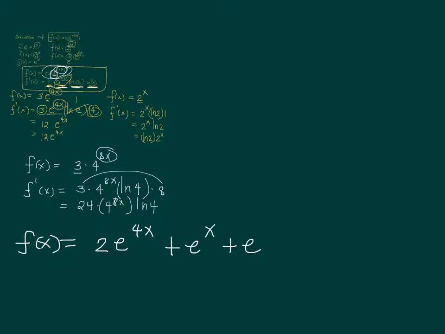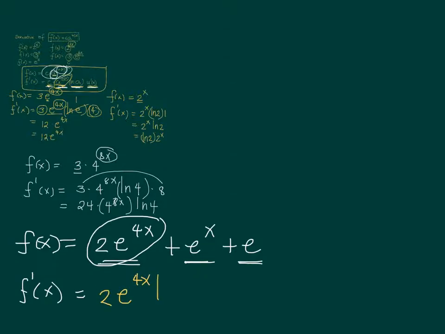Now, there is a rule that if you have a function which is composed of about 2 or 3 terms, to get the derivative, you simply get the derivative of each term. So first, we work on 2e to the 4x. So that's 2, the function, ln of the base, and then times 4. So that's the derivative of 2e to the 4x.